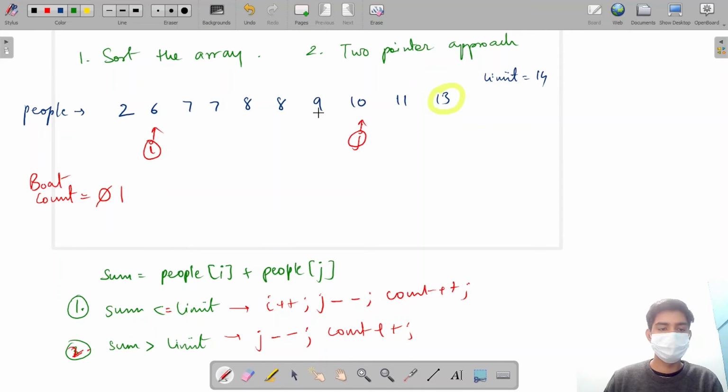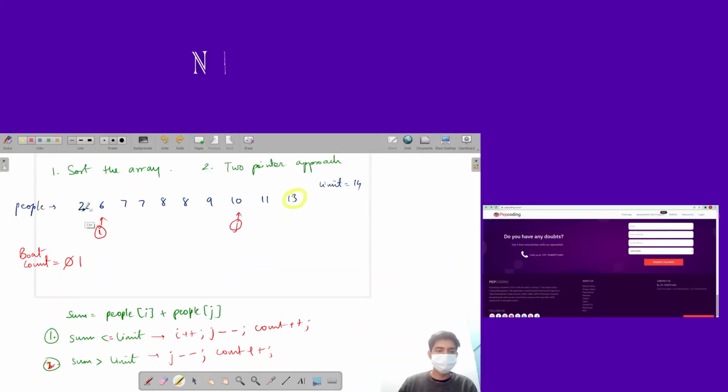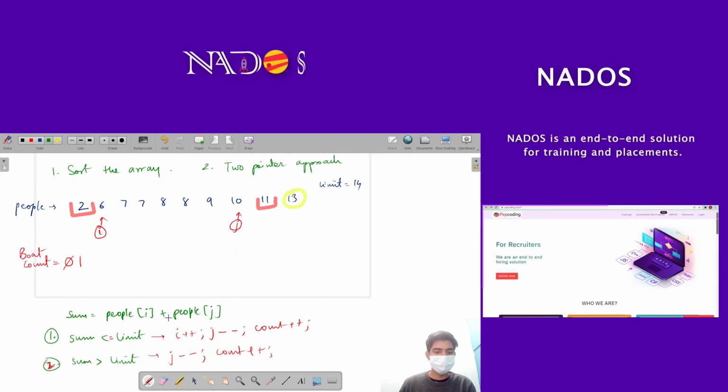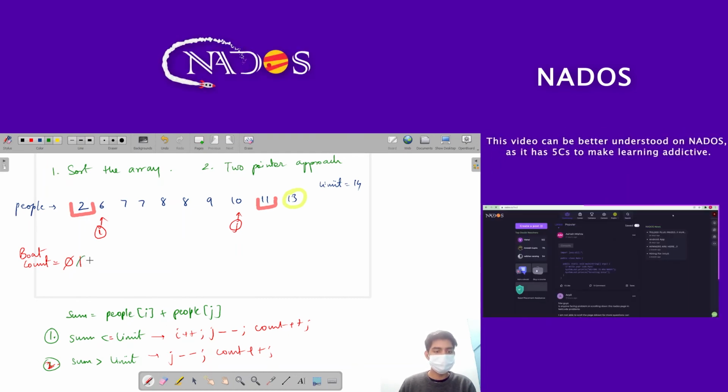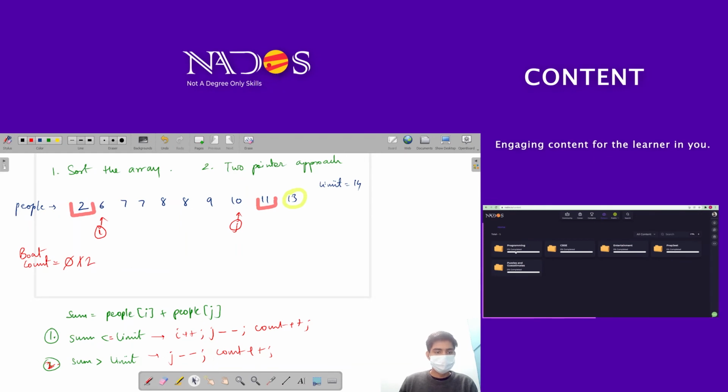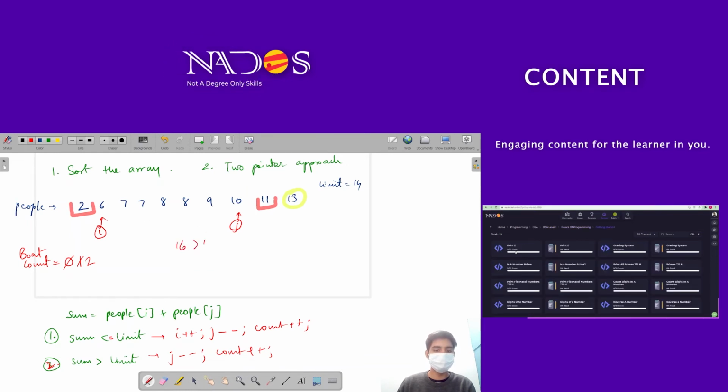Okay, so when I included 2 and 11, I included these two, so I'm going to increment my i, decrement my j, and increase my count. Okay, now I have 6 and 10. Now 6 and 10 gives me 16, which is greater than my limit.